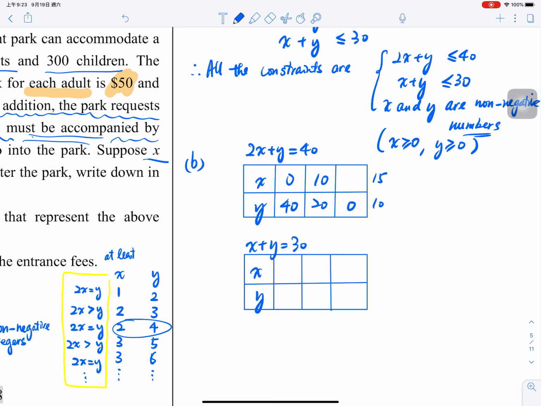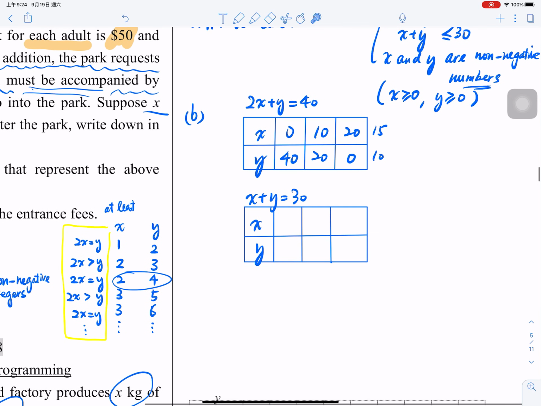And lastly, y equals 0, then x equals 20. You can use 3 points to help you draw the straight lines. For the other straight line, x equals 0, y equals 30, and the others 10, 20, and 30, 0, right? Maybe you write more, x equals 20, y equals 10 also.